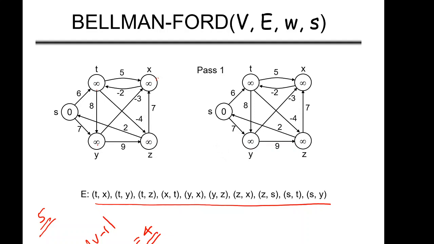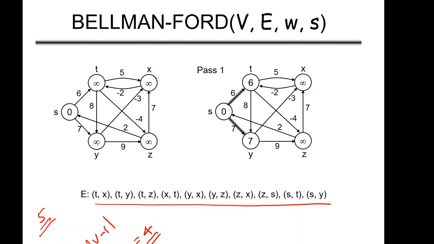We will see all the edges adjacent to S, so we will start with S. The edge adjacent to S is ST, so the weight of T is the weight of that edge, because there is no other way to go from S to T. Then the weight of Y is 7, because again there is only one way to go.